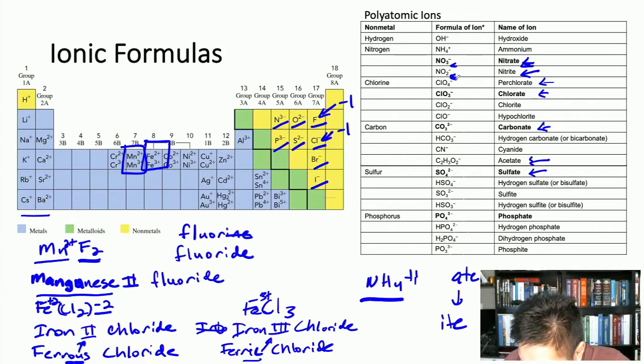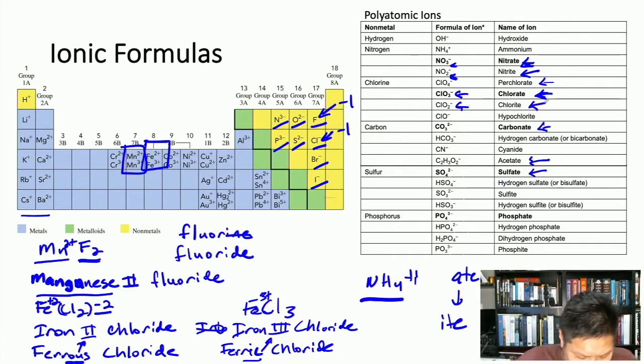For example, ClO3 minus is the chlorate polyatomic ion. But if it loses an oxygen, it becomes ClO2 minus, a chlorite.